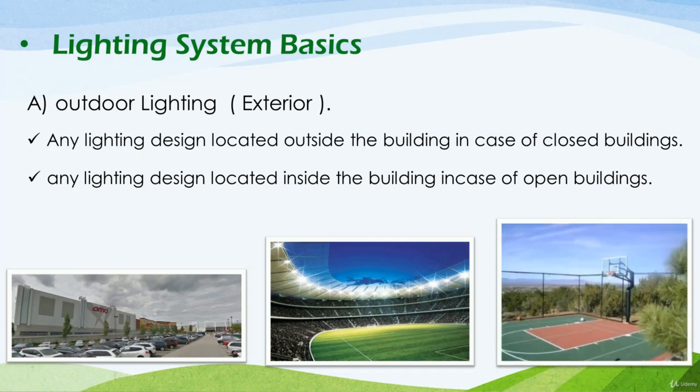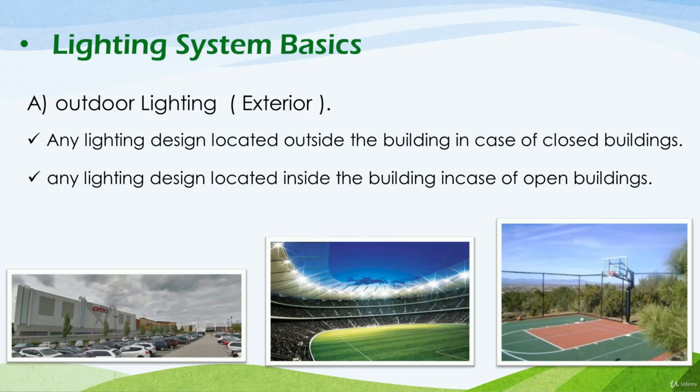And also if we have an open basketball court, its lighting design now is an exterior one. This is because it's an open area. While if you remember in the previous example, the basketball design was an interior design. This is because the basketball court there was in a closed building. So according to our case, we specify the design type.